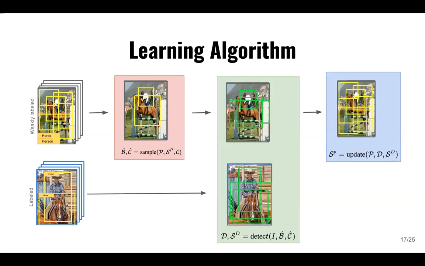So in a batch, you can have both weakly and strongly labeled images. For the weakly labeled case, you do sampling, and then finally you can detect for both and get the detections and scores. And then only for the weakly labeled case, we update the score of the proposals in the memory with the score propagation component.